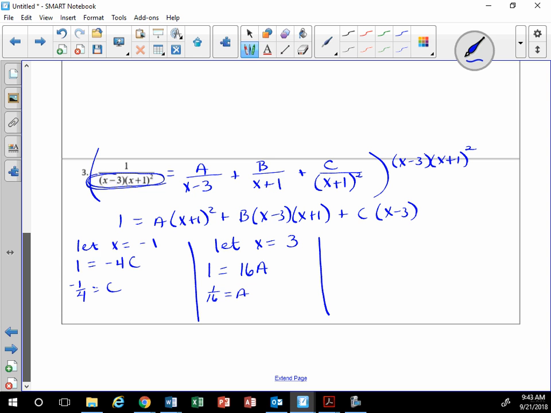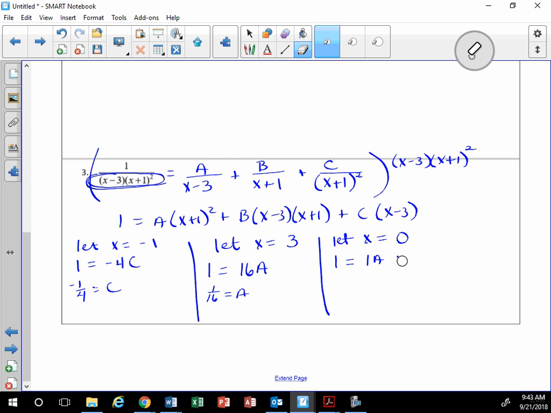Do we have anything else from the problem to let x equal? No. So what might be easy? 0. Let x equal 0. So you're going to have 1 equals, then it would be 1a minus 3b, right?